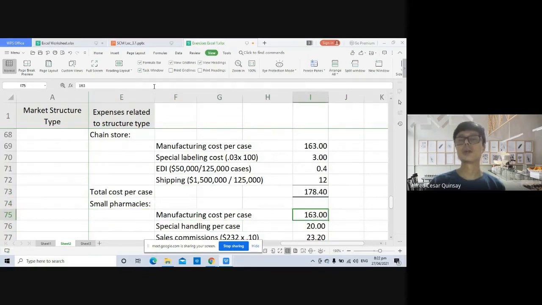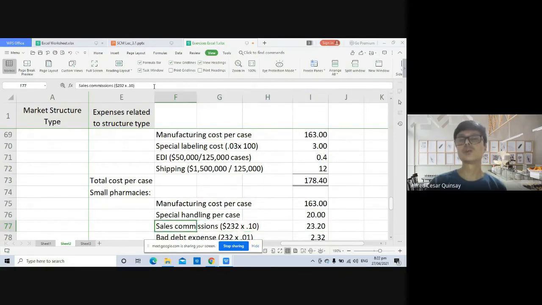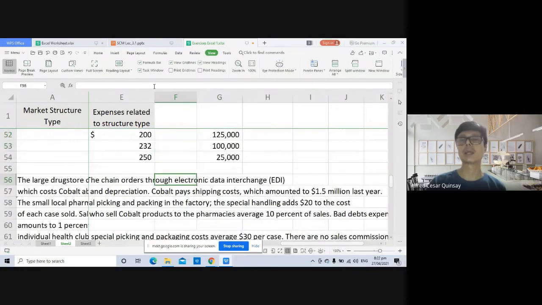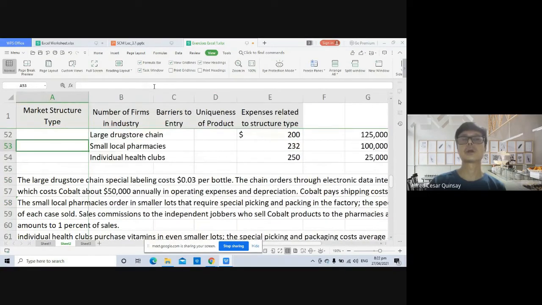So sa small pharmacy, merong manufacturing cost per case of 163. So yung special handling niya is 20. Given yan, di ba? Okay. So yung sales commission niya is 232 times 10%. Di ba meron siyang dun sa kada benta, meron raw siyang 10%. Food products average 10% of sales. Magkano ba yung sales niya per case?